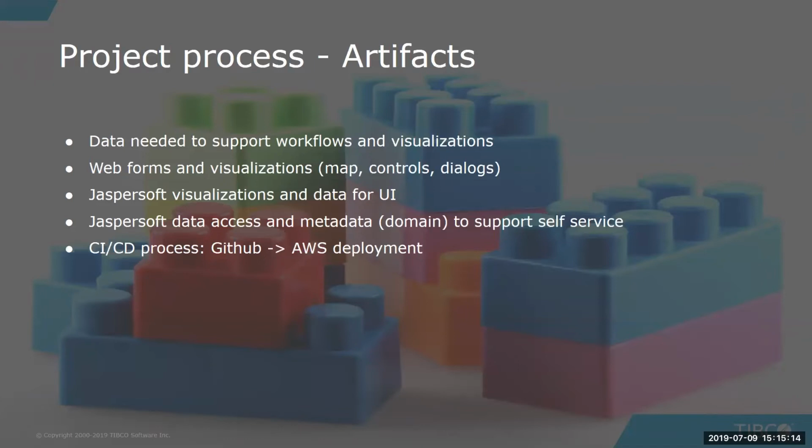We also created a Jaspersoft metadata layer, a domain, which allows drag and drop self-service, which we won't go into today, but all this data that we work with can be exposed through the self-service end of things. And the last thing is a lot of things around deployment.